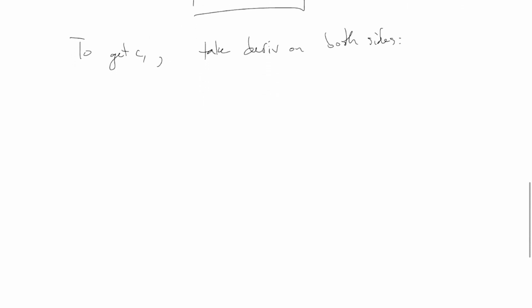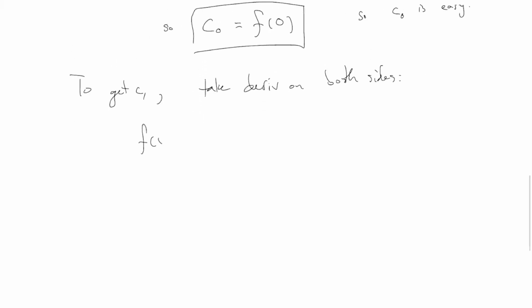So you start with, I'll just write again what I started with, f of x equals C0 plus C1x plus C2x squared, etc. And I'm going to take the derivative on both sides. So on the left, we just get f prime of x. That's the derivative. On the right, what happens to these numbers? Can anyone say what happens to the C0?